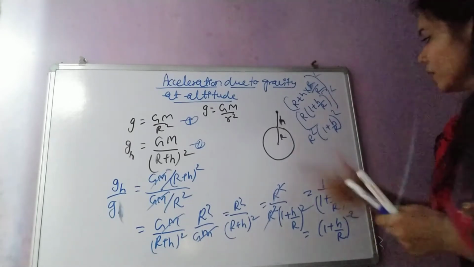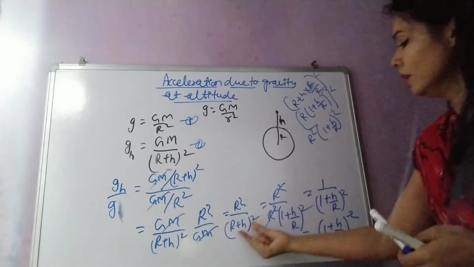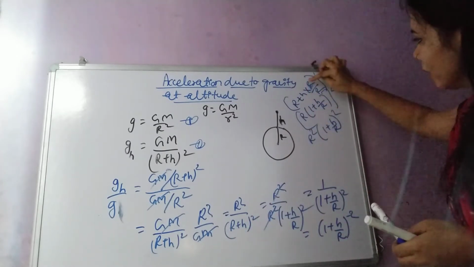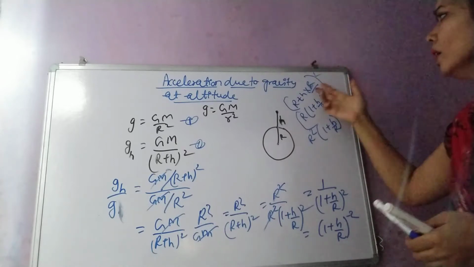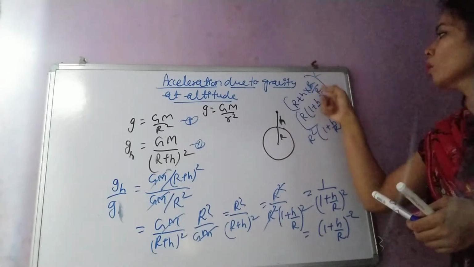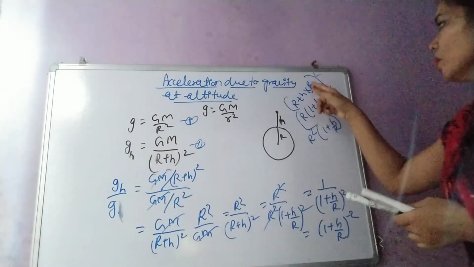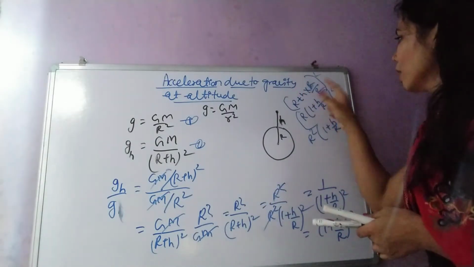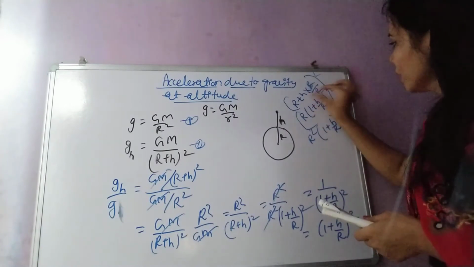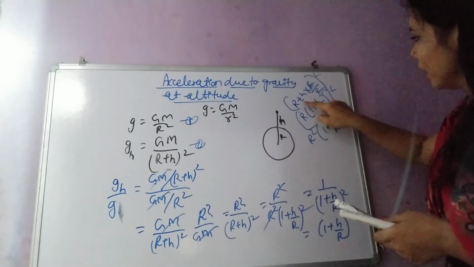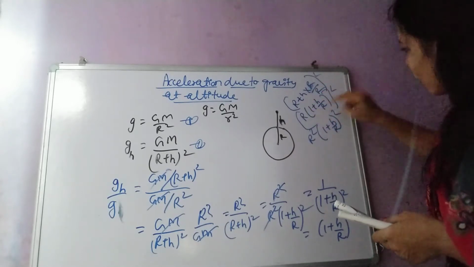Understood? How this expression came is clear now? If you take R plus h and multiply by R upon R, it will be 1 only, so no effect will be there. If you multiply by 2 upon 2, it will be the same. Similarly, I have multiplied here R upon R, and now I have taken R as common. It will be 1 plus h upon R that is left here.